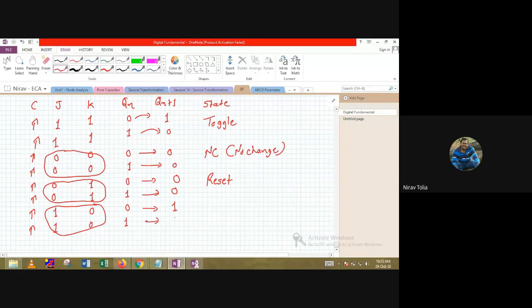That state is known as the set state. So J looks like S, and K looks like R.